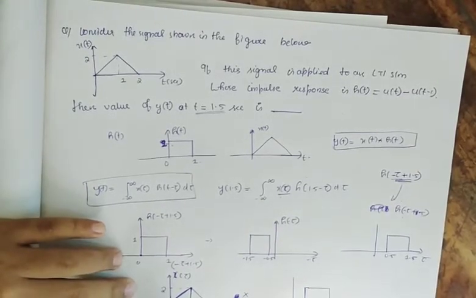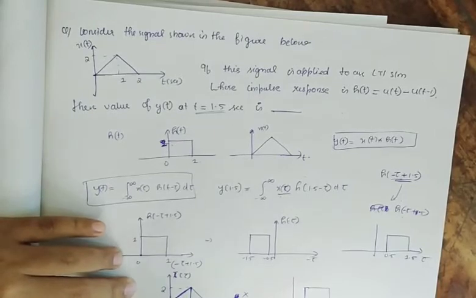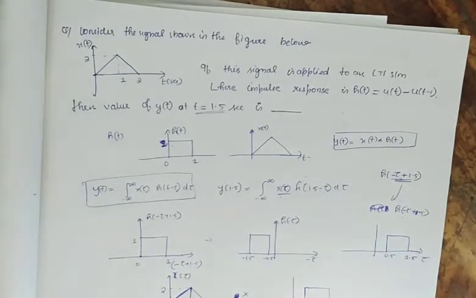What is its slope? Slope is equal to 2, right? So the equation of this one from 0 to 1, 0 less than tau less than 1. Okay, I'm so sorry. 0 to 1, it is having a slope of 2 and its equation is 2 tau.